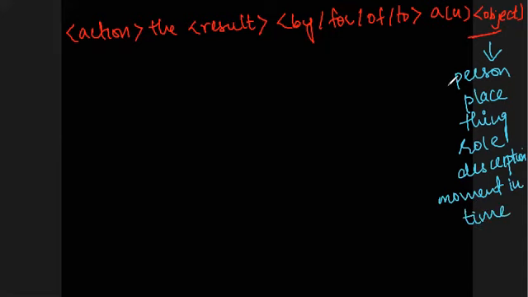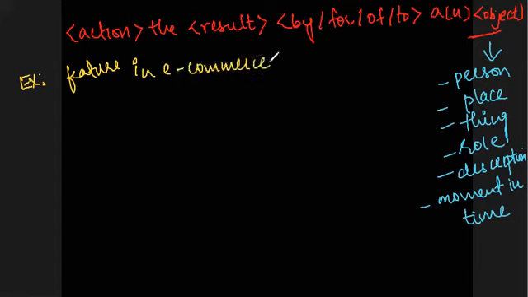So what is an object? An object can be a person, a place, a thing, role, description, or a moment in time. If you want to implement this template, an example is we want to add a specific feature in an e-commerce website.